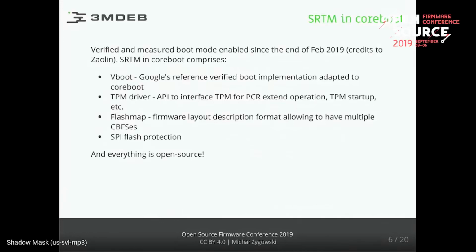And the flashmap, also developed by Google for the needs of their Chromebooks, which allows to describe the firmware image differently than coreboot did before. Flashmap has the advantage that it allows multiple coreboot file systems inside, so we can have multiple firmware stacks in one image. And what is most important, everything is open source.